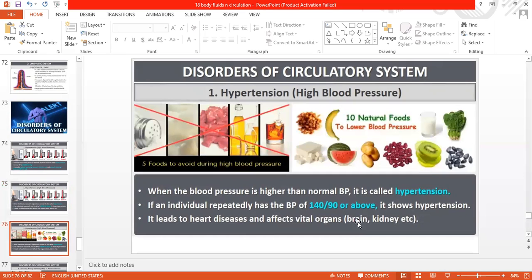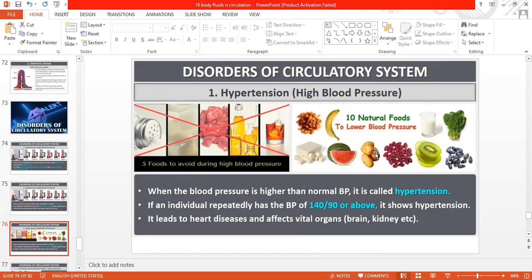If a person is having high blood pressure, then he should avoid these five foods. They generally increase the blood pressure: salt, meat, alcohol, oil, fish. Then which foods reduce the blood pressure?